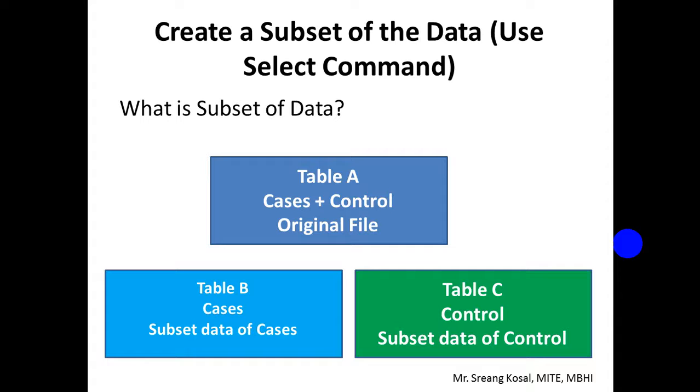So in the video I want to introduce how to create a subset of the data. It means that I want to separate the case and control. All the cases we will store in one table, and all the controls we will store in another, different table.